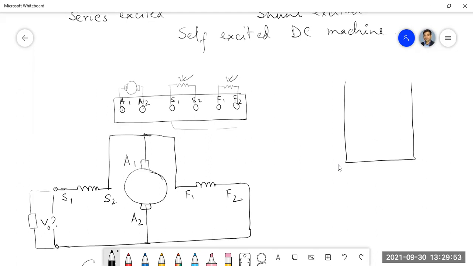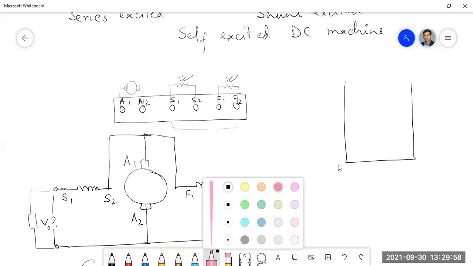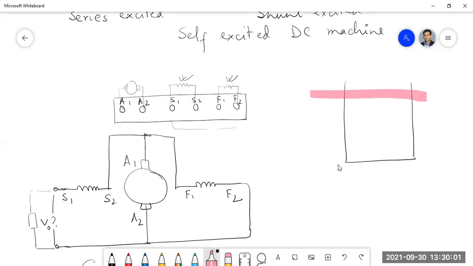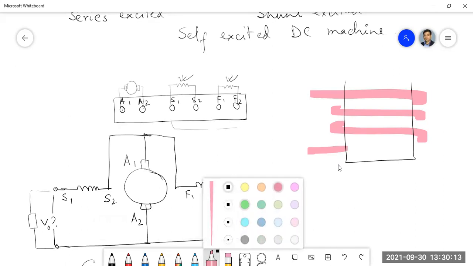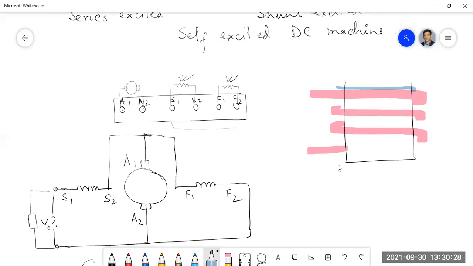So that means suppose this is one coil. And another coil is this.